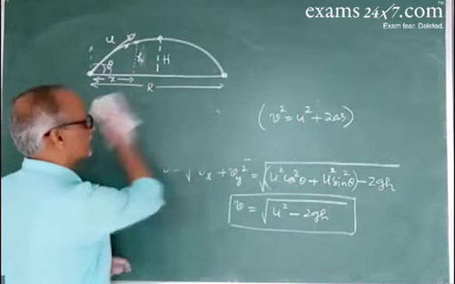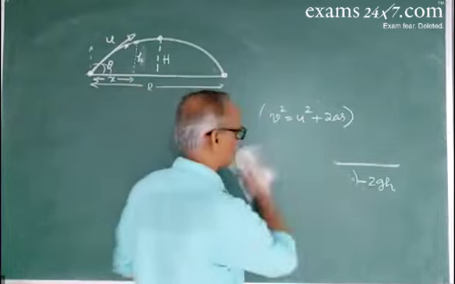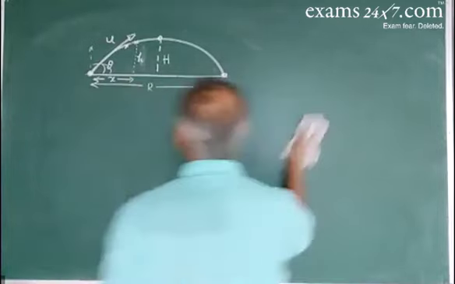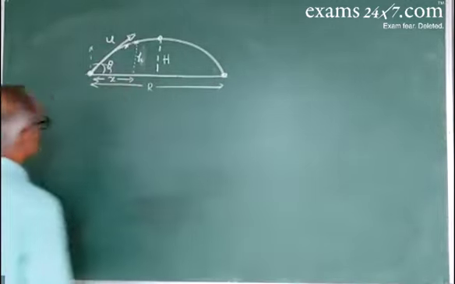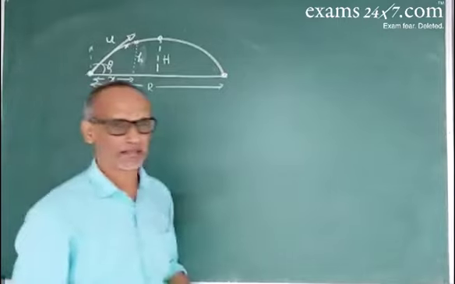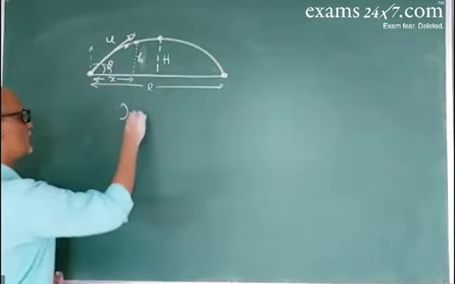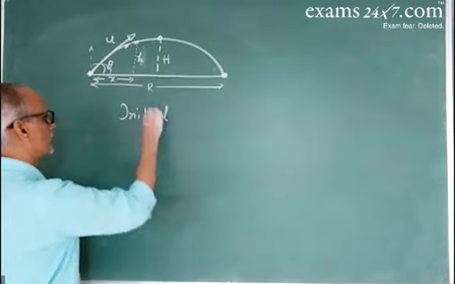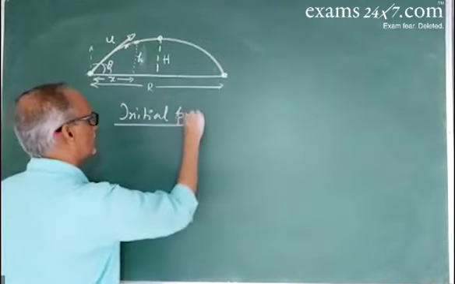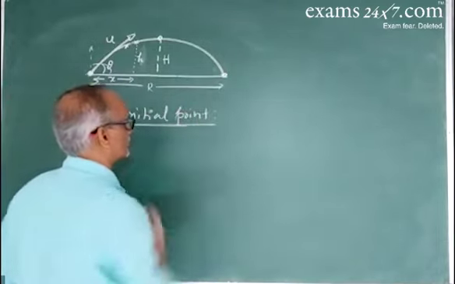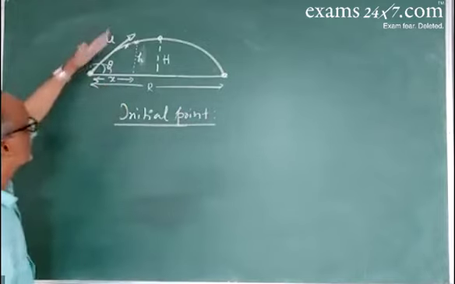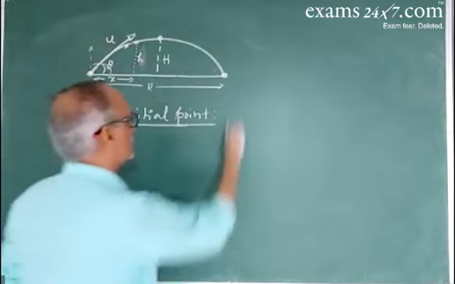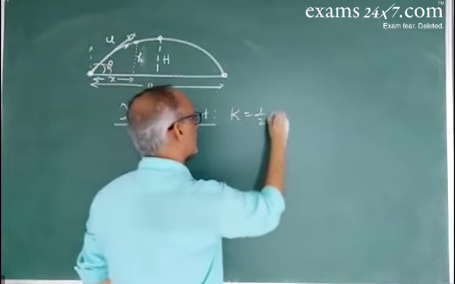We can even find the energy of the projectile at every point. So let us consider the initial point. At the initial point, what is the energy? When it is projected with reference to the ground, the kinetic energy is half m u square.